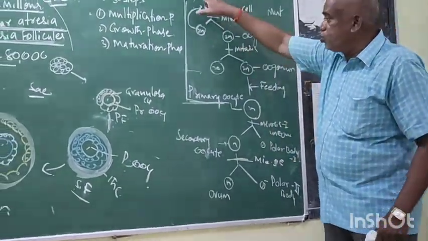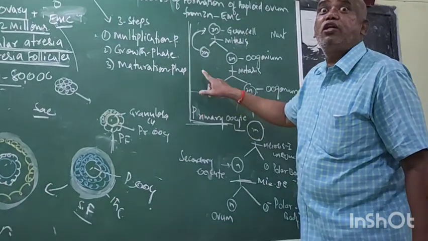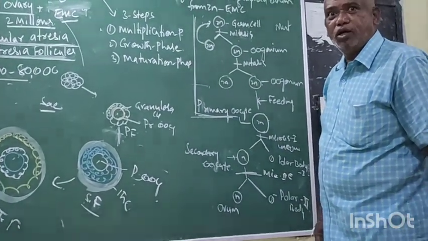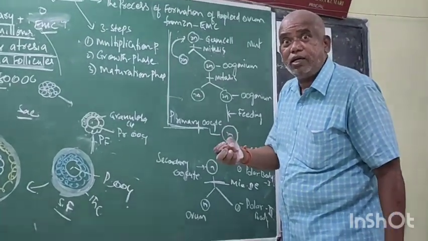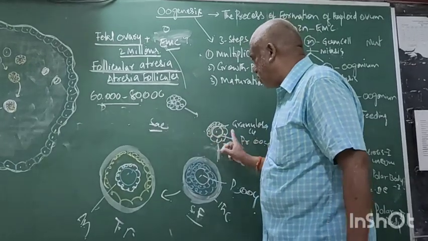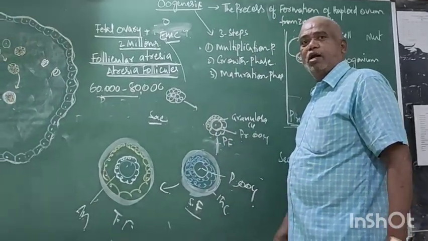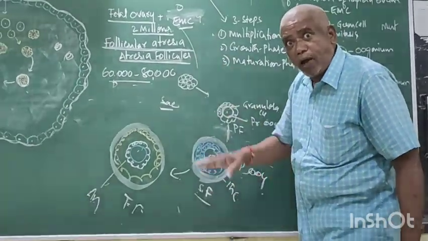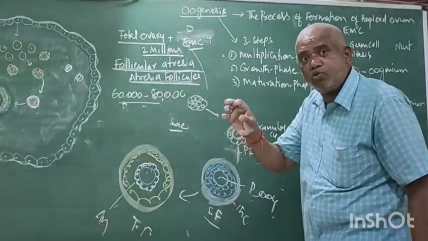Right. Now up to this, the fetal ovary. The newborn baby's ovary contains 60,000 to 80,000 primary follicles. Now the primary follicles remain as they are up to puberty, that means 10 or 12 years.